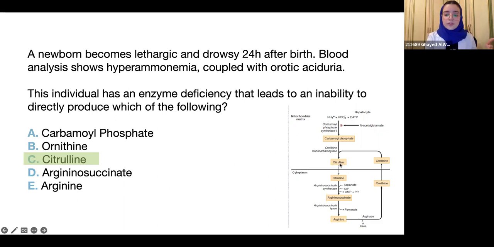So if the question says that citrulline levels are not elevated, that means the enzyme that's deficient should come before citrulline. And because there's no orotic aciduria, that tells us it's carbamoyl phosphate synthetase 1.